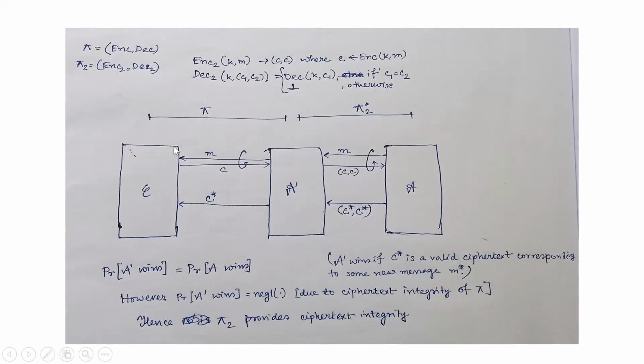A dash forwards the same query to the challenger. The challenger outputs the corresponding ciphertext C. Actually, this C is the ciphertext corresponding to message M. And then it just makes 2 copies of C and provides C comma C as the ciphertext.